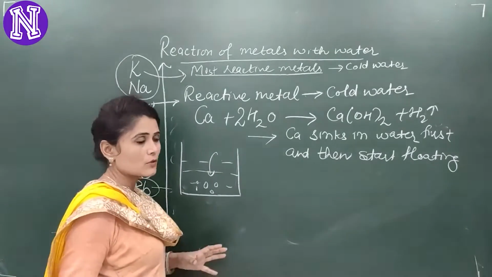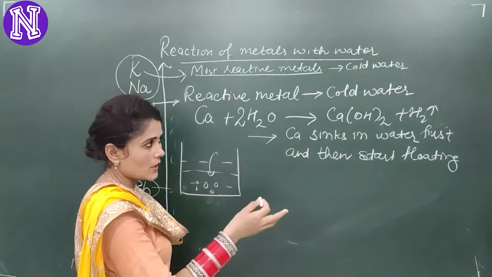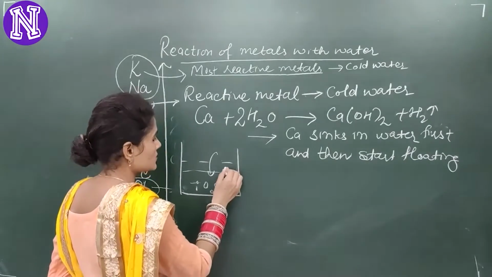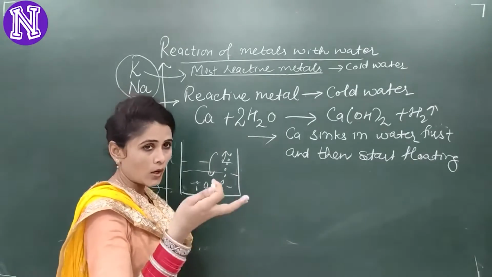How does calcium start floating on the surface? Students, when calcium reacts with water, hydrogen gas is formed, and hydrogen gas is insoluble in water. Due to this, it rises upward.